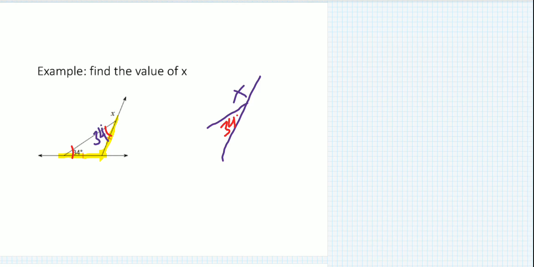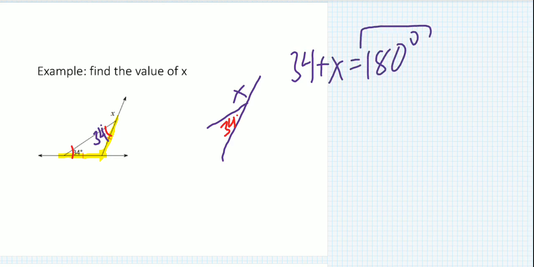And so then we can go ahead and notice how these two angles together form a linear pair. So what that means is that the equation that I can write is 34 plus x is equal to 180. Now, this 180 is not because the triangle is equal to 180. This 180 is because you're talking about a linear pair.